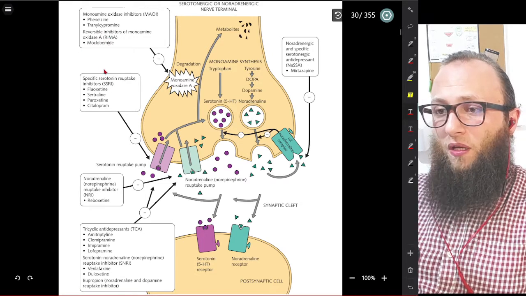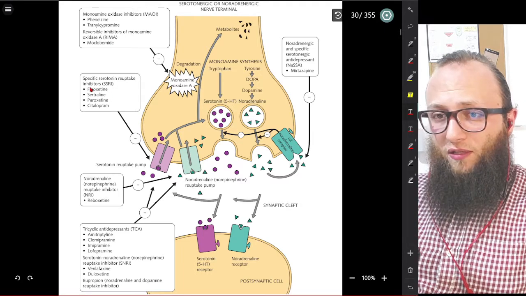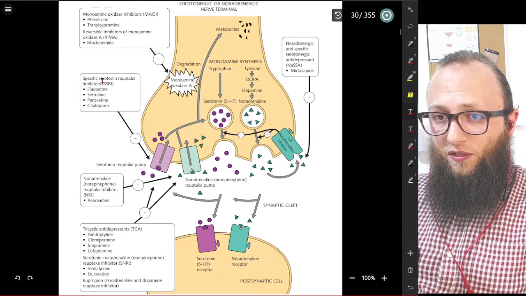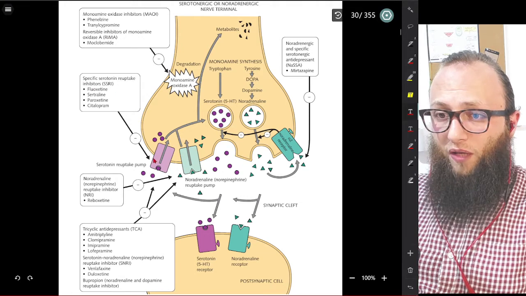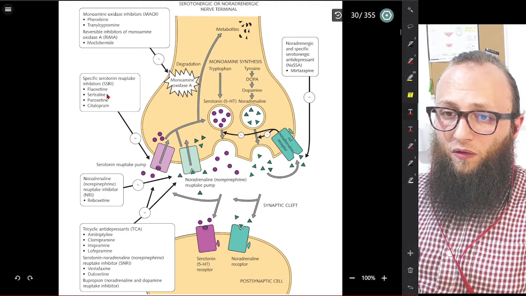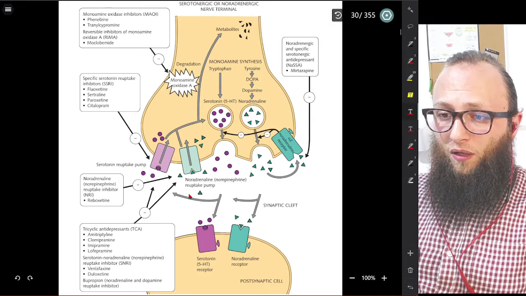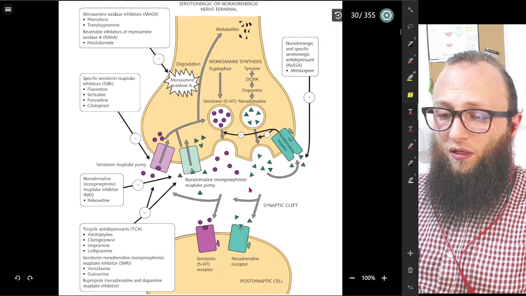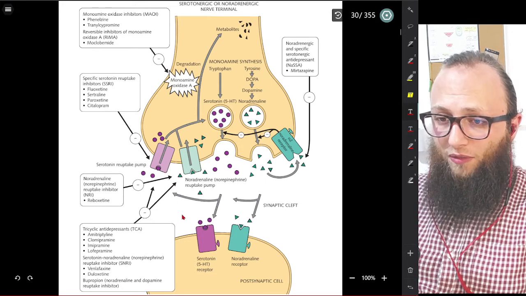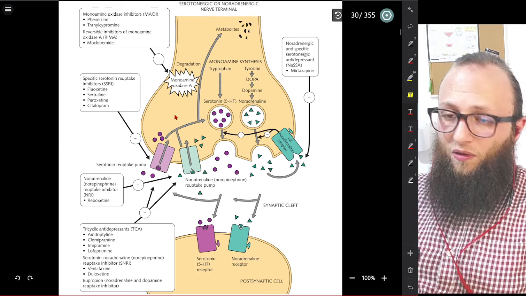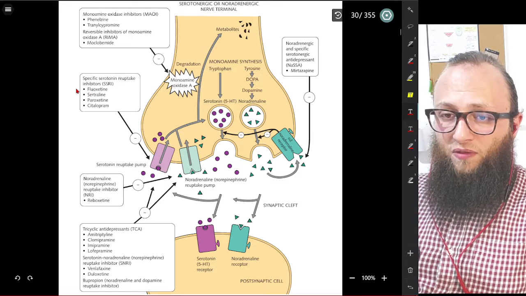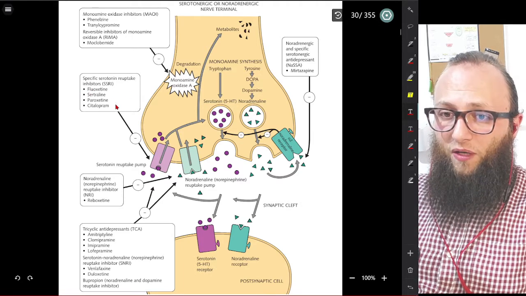Okay. How do SSRIs work? SSRIs are selective serotonin reuptake inhibitors. From the name, these drugs inhibit the serotonin reuptake pump, and by that they increase the concentration of serotonin in the synaptic cleft because it stops the reuptake. Some examples are fluoxetine, sertraline, paroxetine, and citalopram.